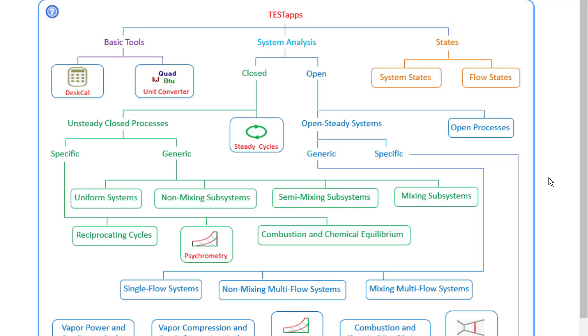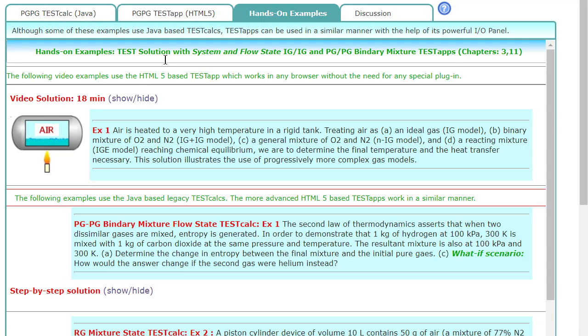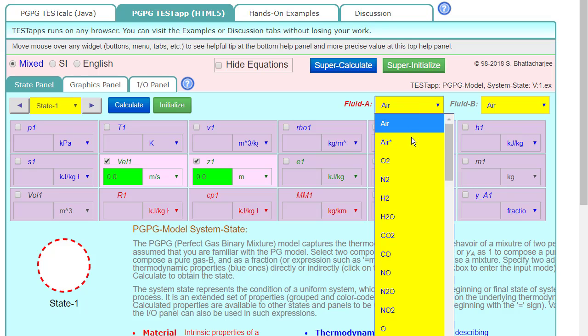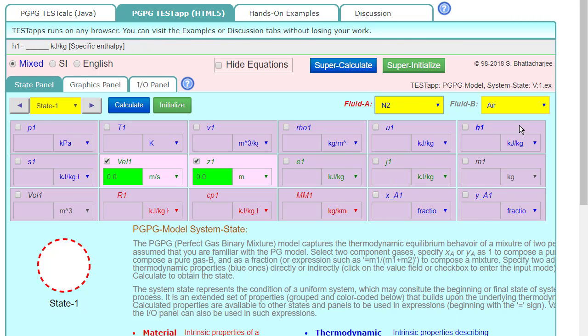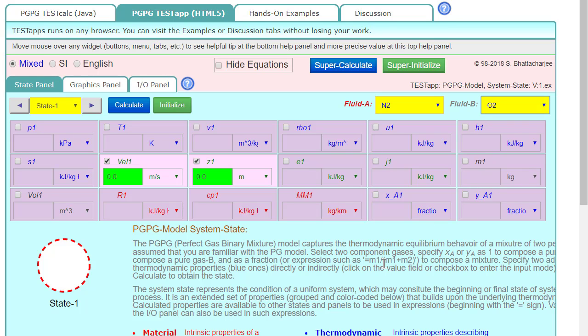This problem could also be solved using the binary PG model. So that would be system states, PG+PG, TEST app, and then we'll enter our fluids. Fluid A, we'll just arbitrarily pick the N2, and then fluid B would be the O2. So for state 1, we're going to act as though it's just the N2 by itself.